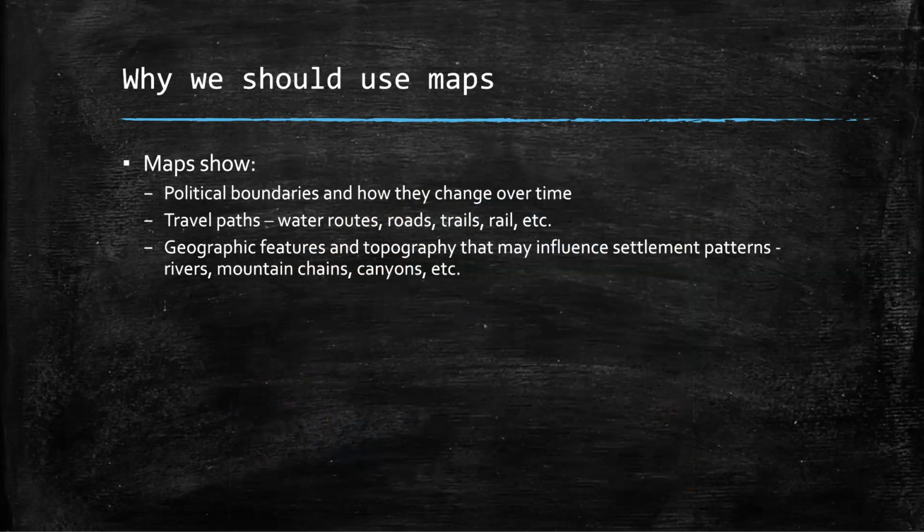And you're like, well, why didn't they go to the one that's 1 mile to the east? Well, maybe there's a river there. Maybe there's a mountain there. Maybe there's no trail between those two towns that they would have used, and the one going in the other direction might have been easier to access. So all of these geographic features and the topography influence the settlement patterns and how people went from town to town.